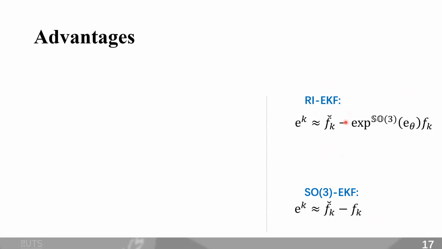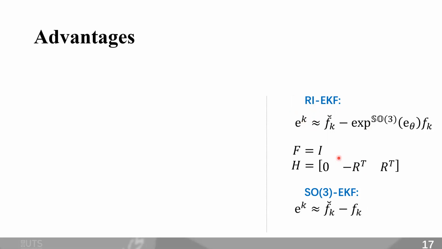The nonlinearity of right invariant EKF is compatible with the SLAM problem. The Jacobians are simpler than standard EKF because right invariant EKF transfers the model's nonlinearity to the nonlinearity of the arrow.